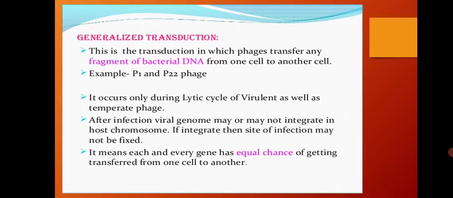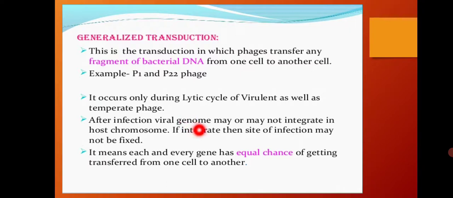We have already discussed what virulent and temperate phages are, and what the lytic and lysogenic cycles are. Generalized transduction follows the lytic cycle, and specialized transduction follows the lysogenic cycle and later on the lytic cycle. That is the overall process.